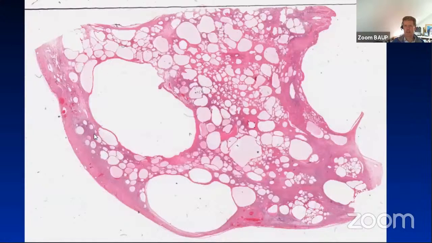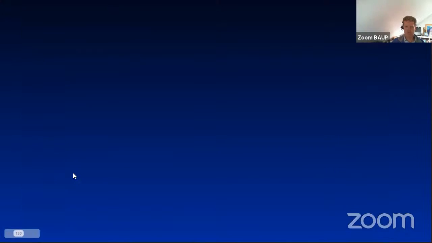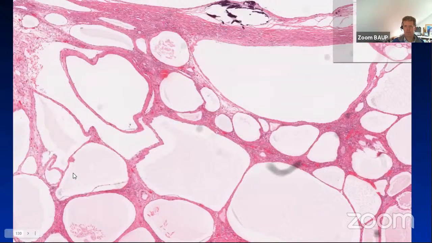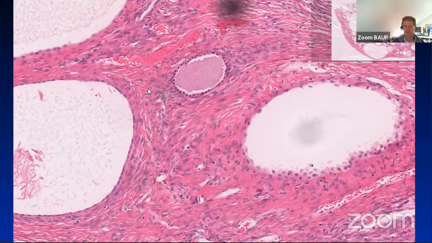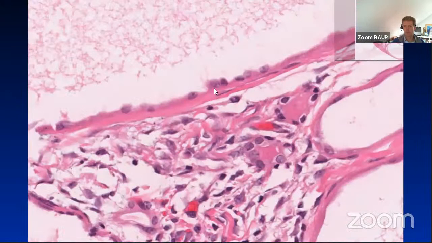And it looks like this with some big cysts. Majority of it is cystic. There is some stroma knocking around. Has an ovarian type stroma, slightly hobnail in places.